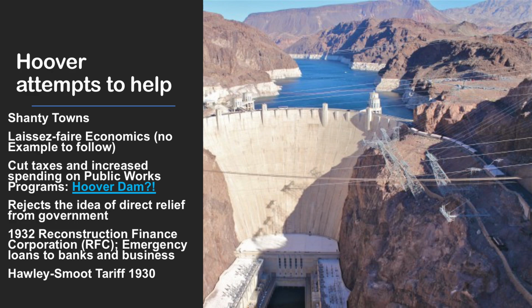Now, true, he's a laissez-faire, hands-off economics president. But if you think about it, did he have an example to look back on? The Panic of 1819 with James Monroe, 1837, Martin Van Buren, 1857 with James Buchanan, the Panic of 1873, Ulysses S. Grant, 1893, Grover Cleveland, 1907, Theodore Roosevelt.